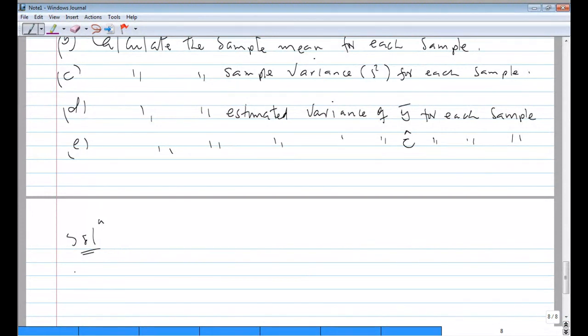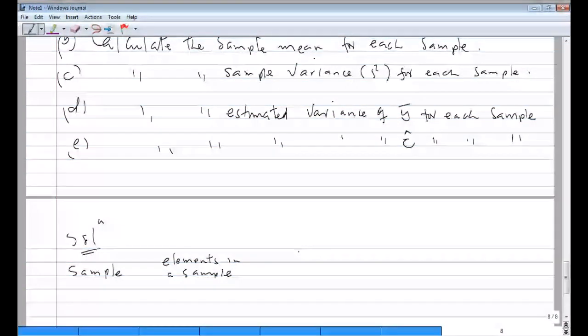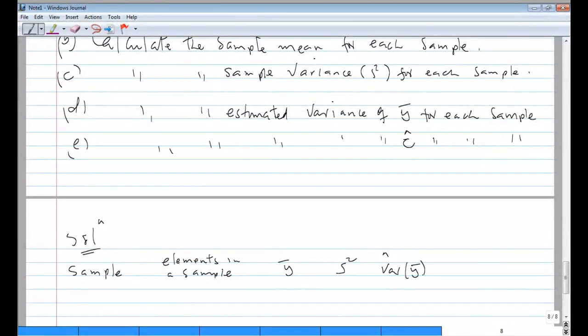In the table you have the sample, and the elements in a sample, then the sample mean, then the sample variance, then the estimated variance of the sample mean, which is the var estimate of y bar, then the estimated variance of the estimated population total, which is the var of tau hat.